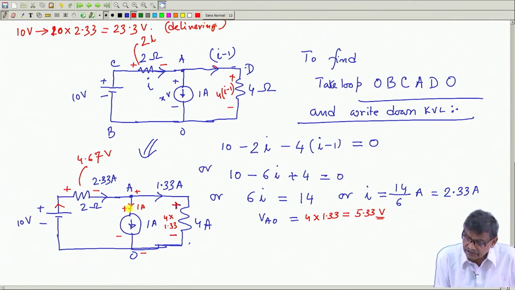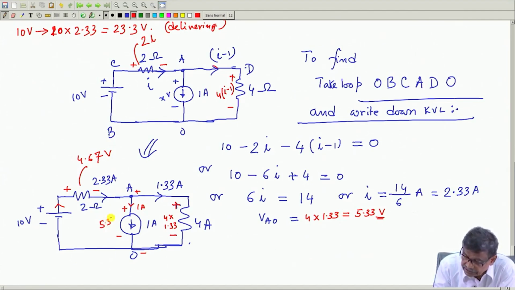Acha, what is this current source doing? Let us see. The current source has a voltage drop across it, equal to 5.33 volt, 4 into 1.33, with this side plus and this side minus, and the current is entering through the plus.